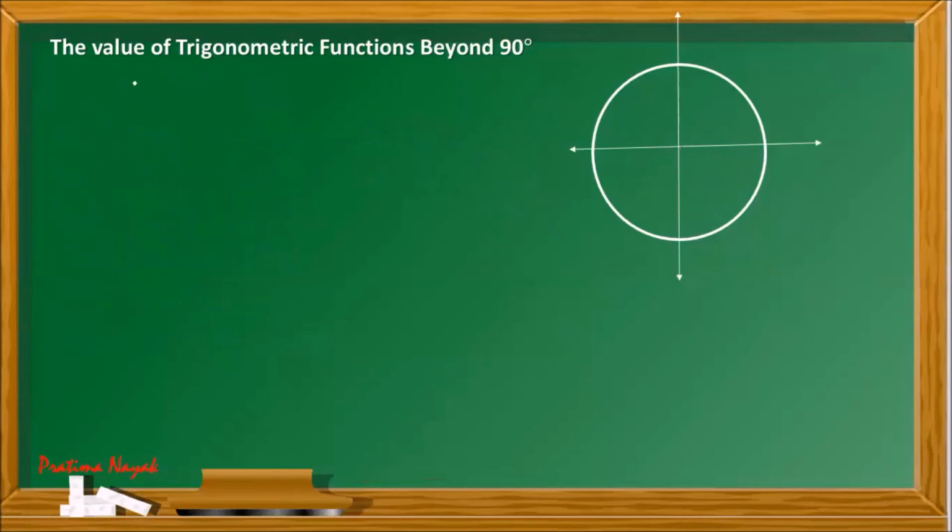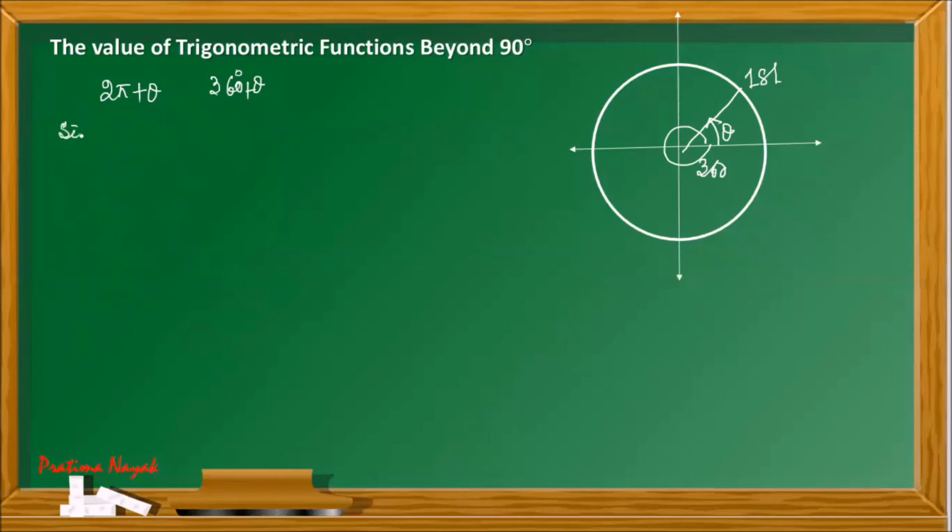Next is 2 pi plus theta. 2 pi plus theta means 360 degree plus theta. 360 degree plus theta means I completed one rotation of 360 degree, then I am going plus theta. Theta is acute angle, so I am in the first quadrant. So 360 plus theta or 2 pi plus theta will be in the first quadrant, all will be positive.